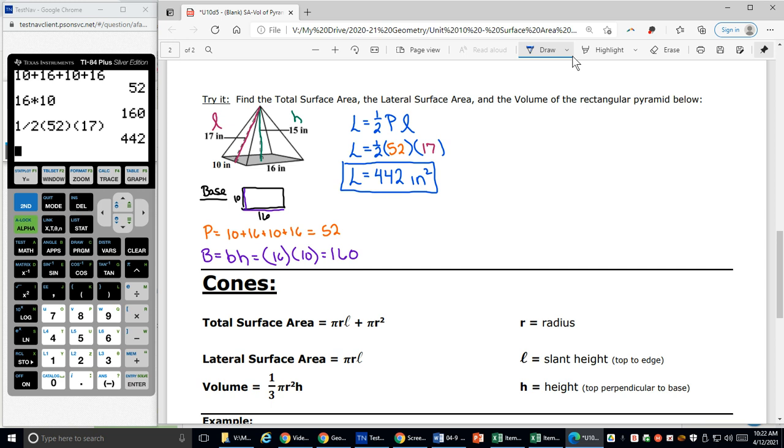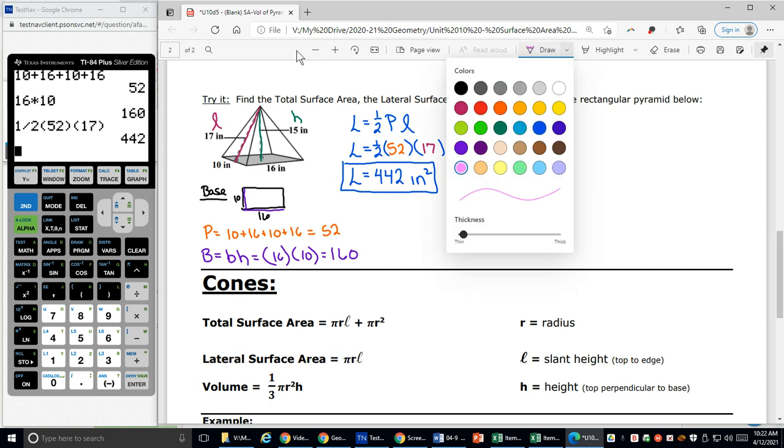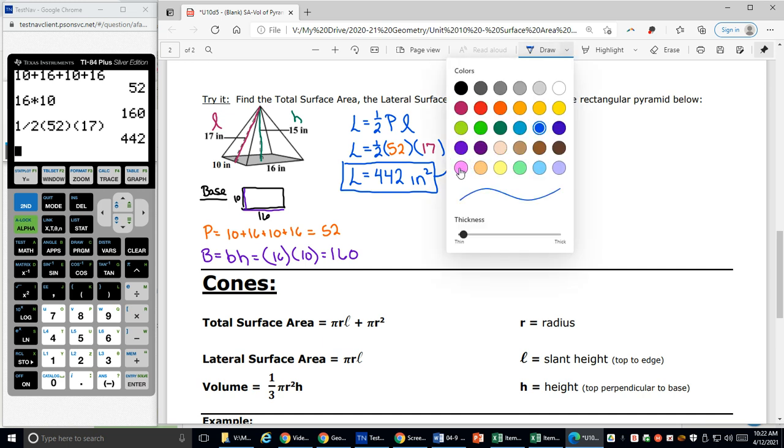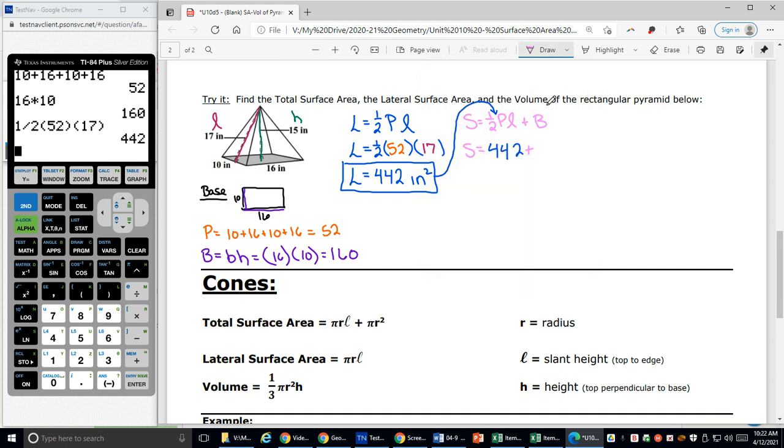Now I'm going to find my total surface area. So for my total surface area, that's going to be that 1/2 PL plus I'm going to add a base. I already found the 1/2 PL. That was 442. I don't have to do that again, right? I already know that that is 442 plus my base. We found the base.